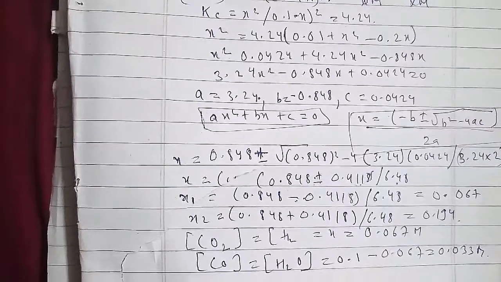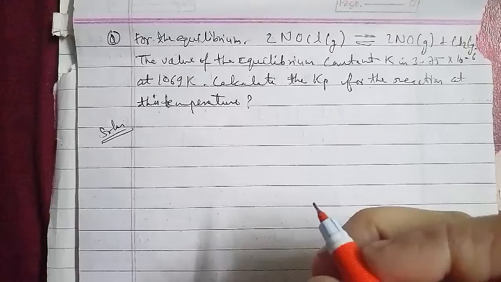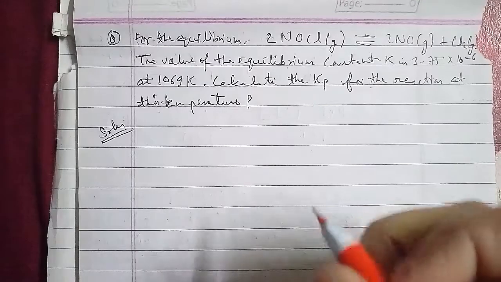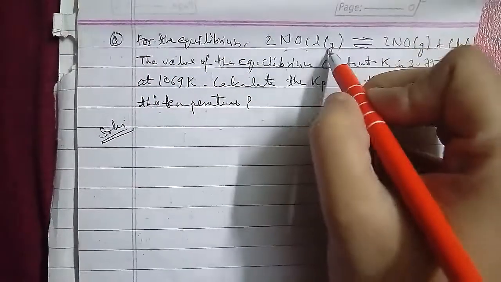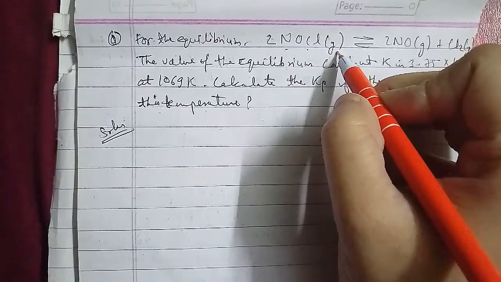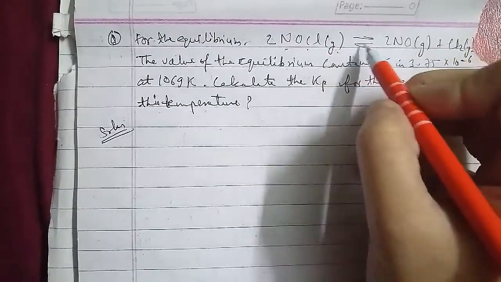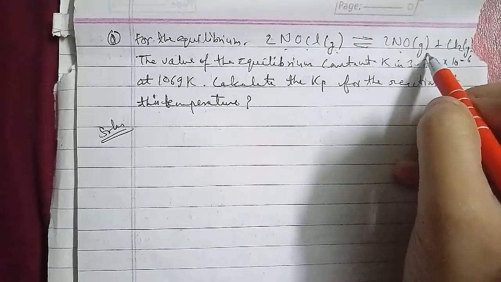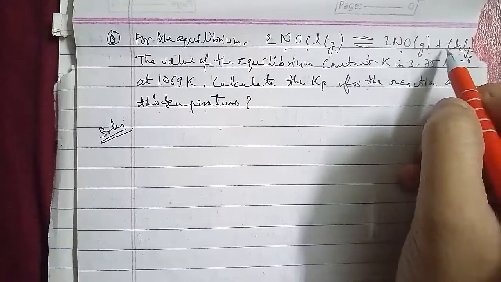So here we will be finding that Kp equals Kc (RT) to the power delta n, which we have to find out here. For the above reaction, delta n equals 2 plus 1 minus 2, that is 3 minus 2, which equals 1.